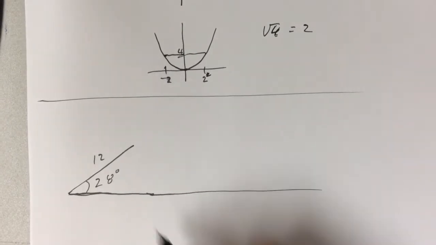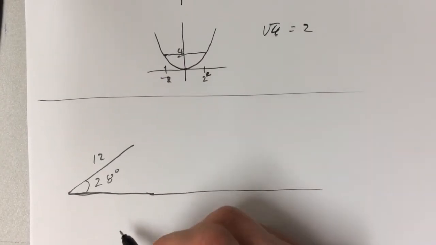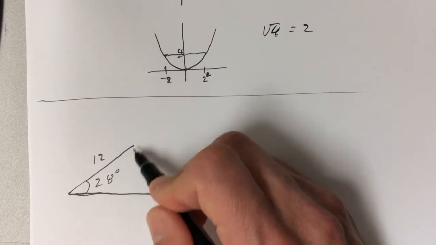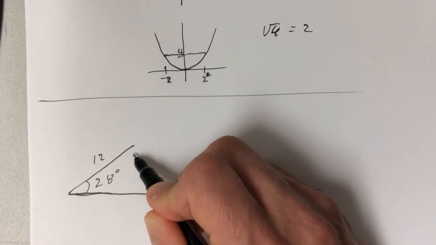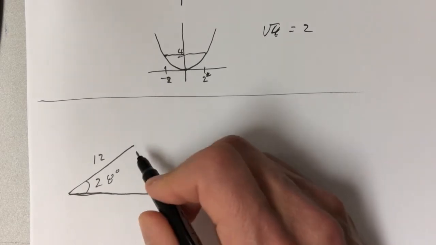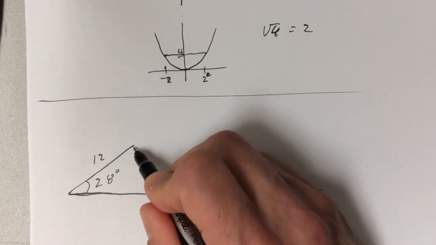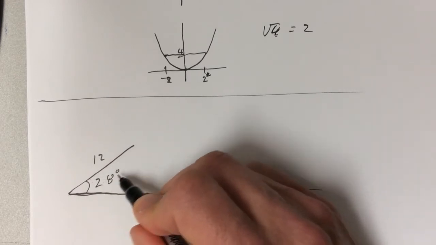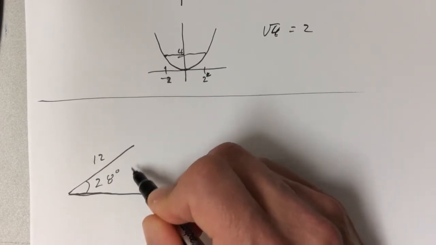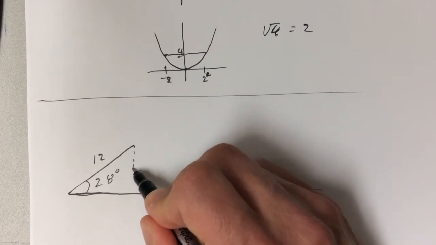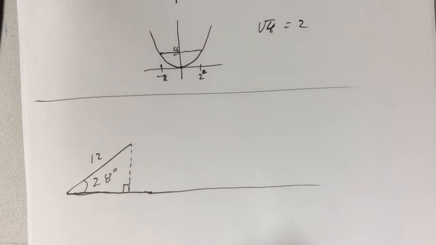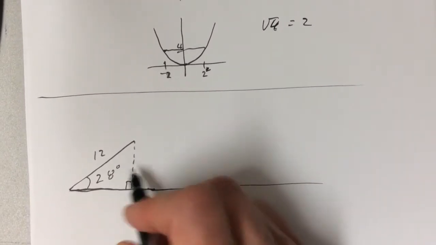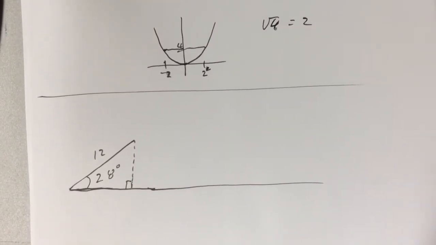If I give you a length of 1 for this opposite side, it's probably not going to complete a triangle, if that's 12. The way we could find the minimum length of this opposite side to 28 is if it's a right triangle. The minimum length will be if that is straight down, and that's right. We know how to solve for this side if it is a right triangle. We don't need the sine law.